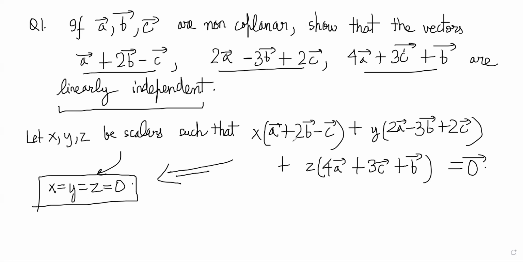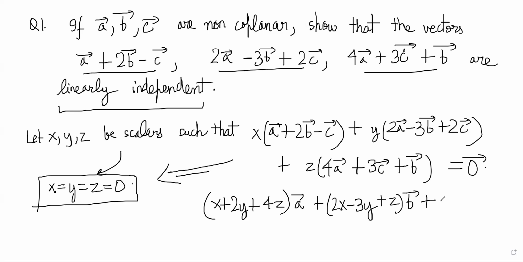So from here, now I can write it like this. I can collect all the A terms together. So (x plus 2y plus 4z) times A plus (2x minus 3y plus z) times B. And finally, we have (minus x plus 2y plus 3z) times C is equal to 0 vector, right?